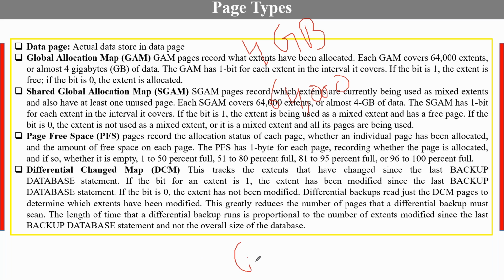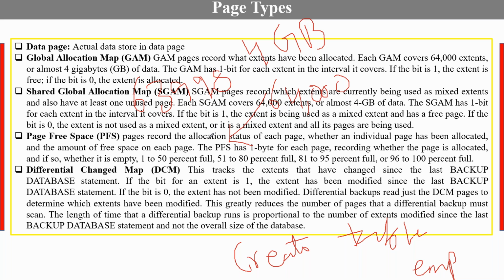Assume I am creating a table. For this table, I want two extents. First it will go to the GAM page and take the two extents from it. Now, how many extents are available? 63,998 extents are available out of 64,000, since two extents have been taken by the employee table.